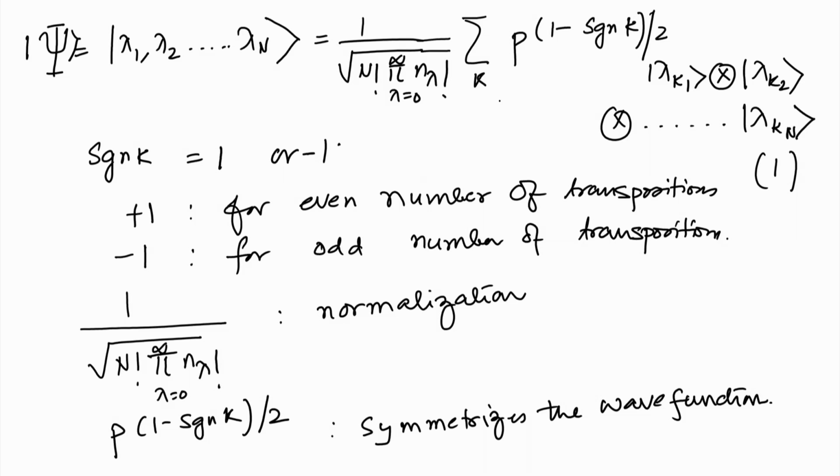However, when sgn k is equal to minus 1, then we have a sign. So, that becomes p, where p is equal to plus 1 for bosons and p equal to minus 1 for the fermions.